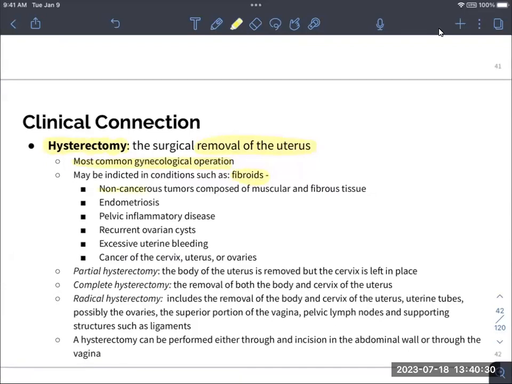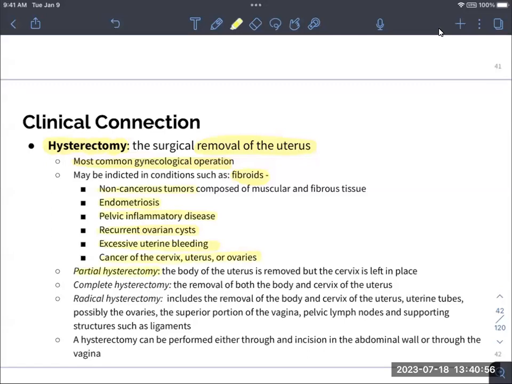Fibroids tend to be non-cancerous tumors that grow within the uterus. Someone who has endometriosis, this is where that endometrium grows other places in the pelvic cavity outside of the uterus. Pelvic inflammatory disease, ovarian cysts, excessive uterine bleeding, cancer of the cervix, uterus, ovaries.